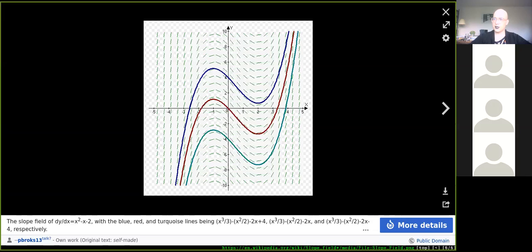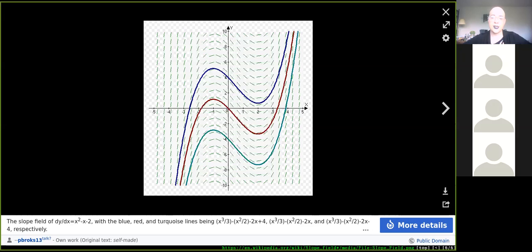These slopes indicate the values of dy dx at different coordinates here. This looks like about -1 here, or maybe -2. Oh, I see, the axes aren't the same. Okay, that makes a little bit more sense.